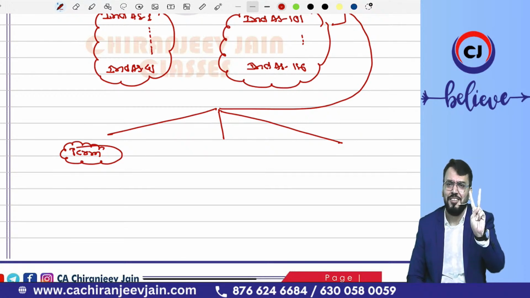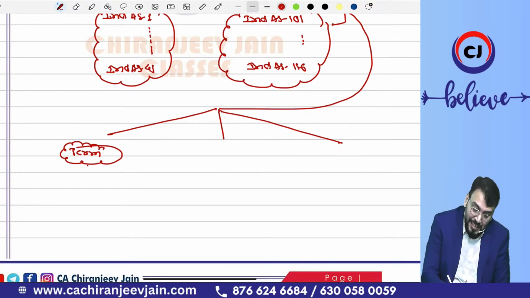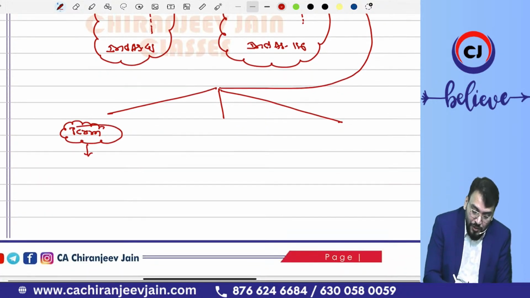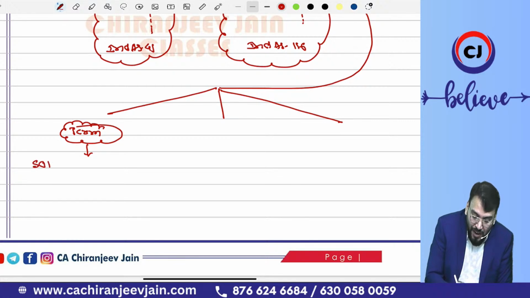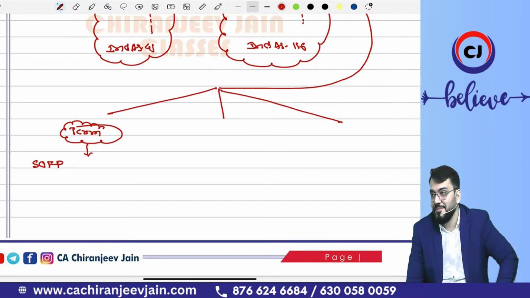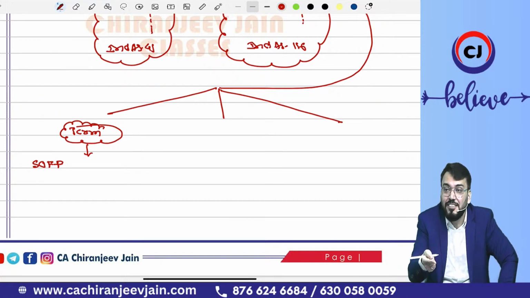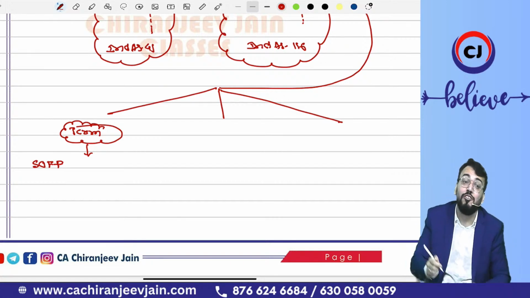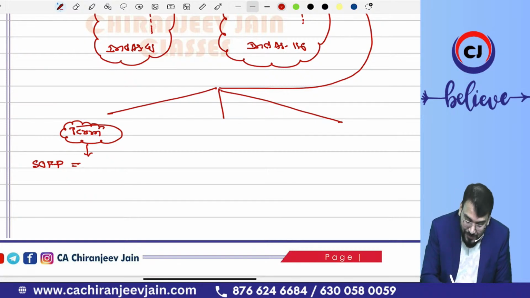One is, internationally we call it statement of financial position. We don't call it balance sheet. Means IFRS has used which term? Statement of financial position. But Ind AS will use what? Balance sheet. This is the first terminology change.